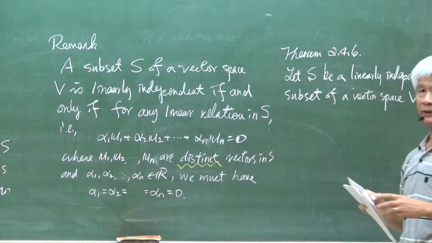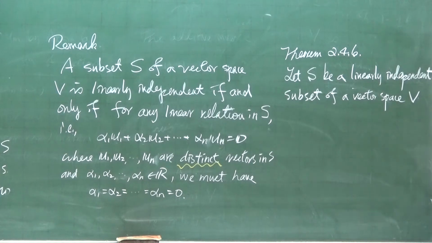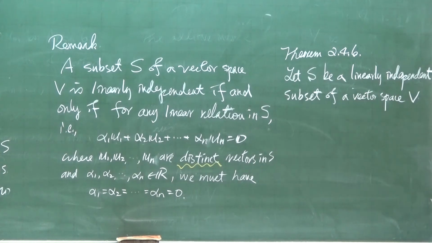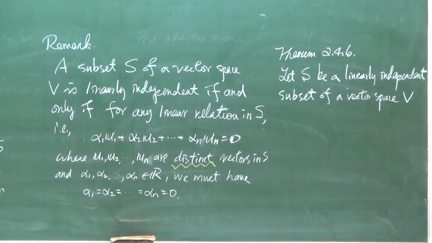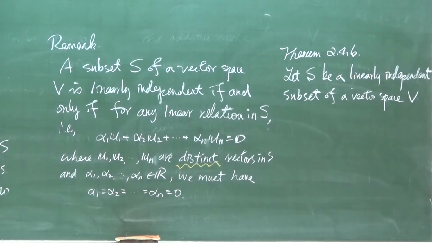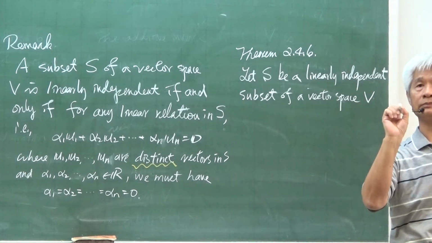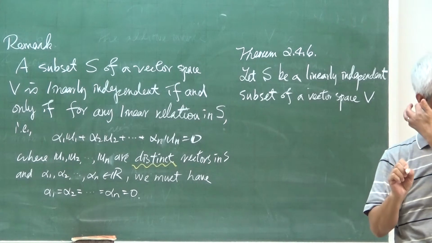Oh, by the way, I have to remind you, sometimes my statement is more precise than the statement in the textbook. I don't know the authors, sometimes they just write the statement, I think not well qualified. So sometimes I rephrase or I give more conditions on the statement.